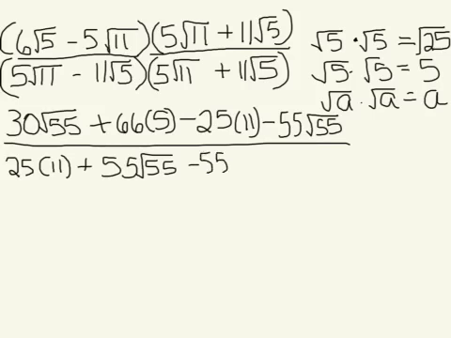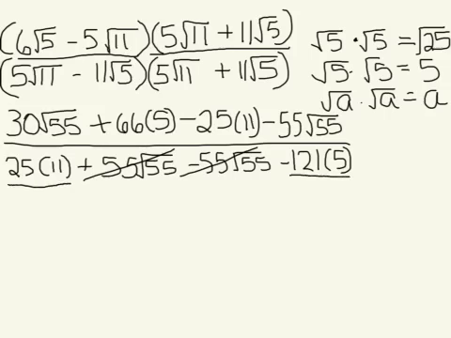And that's what happens when you multiply by the conjugate. Notice that the middle two terms will be the same, except for with opposite signs, so they always cancel. And finally, last times last, minus 121 times just 5. Now if you look at what's left in the denominator, these are just regular integer numbers. There's no radicals left, and that was our goal.